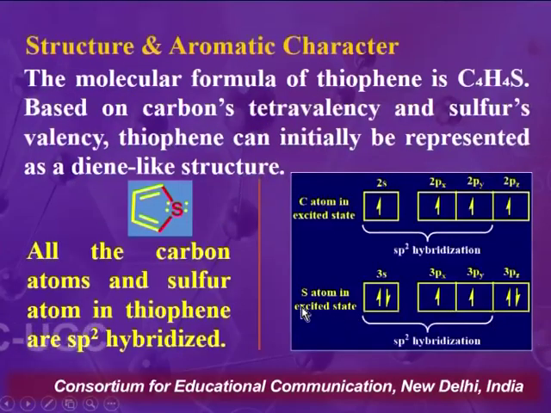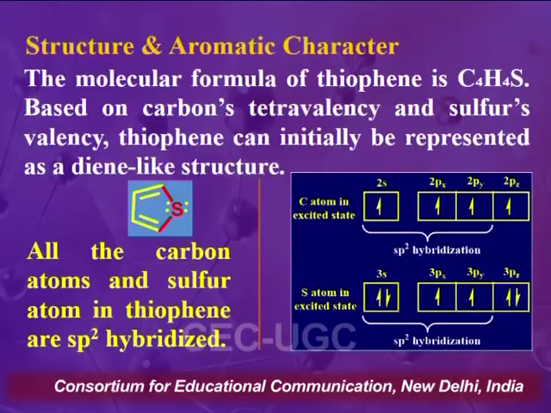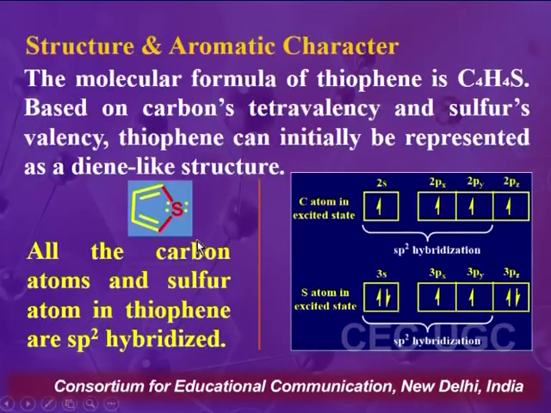So now we are going to discuss the structure and aromatic character of thiophene molecule. So the molecular formula of thiophene was found to be C4H4S, and based on the carbon's tetravalency and sulfur's valency, thiophene can initially be represented as having diene-like character.